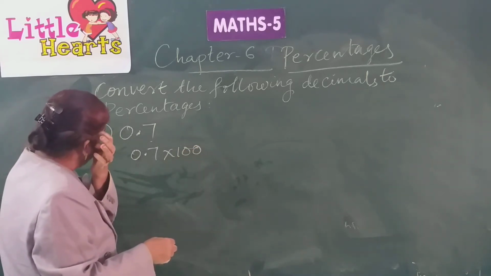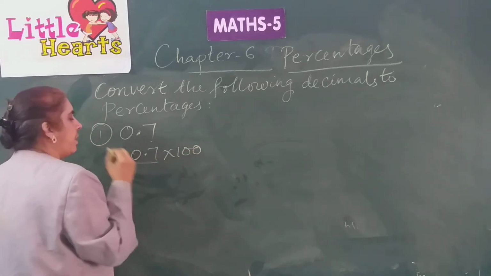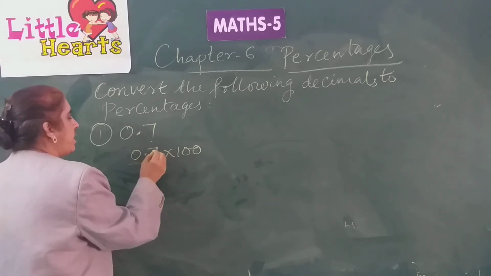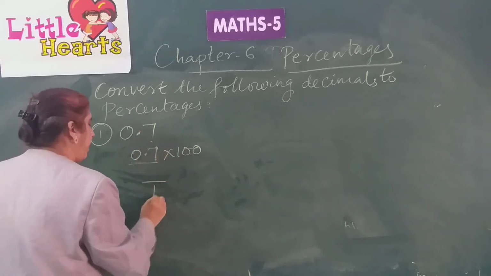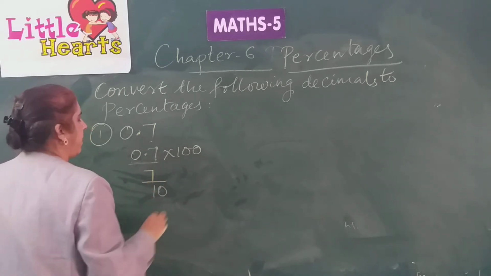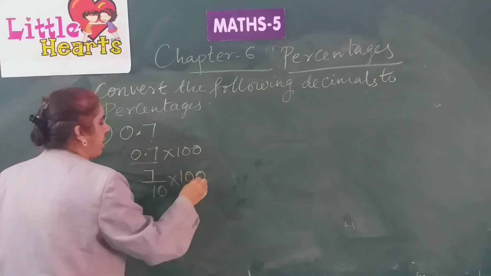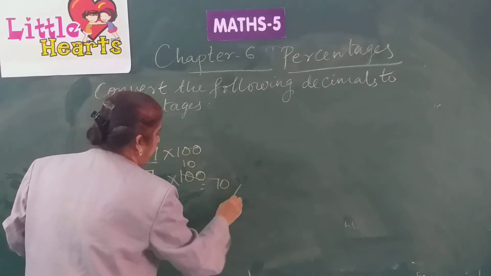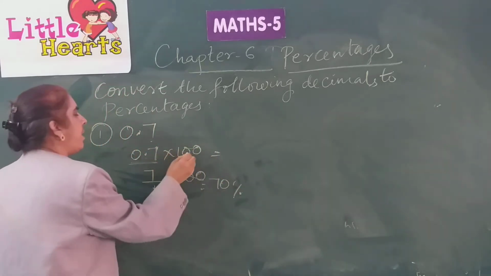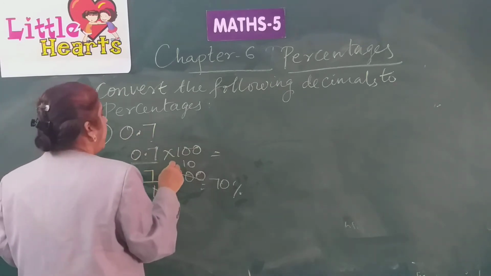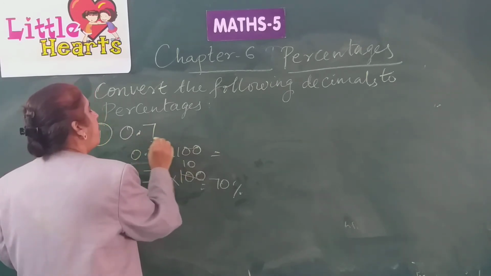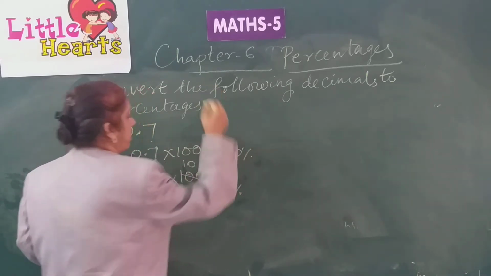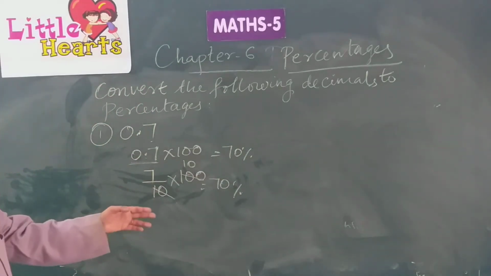And here, see, this can be turned into a fraction. 0.7, after the decimal there is one digit, the denominator should be 10, so 7 by 10. 7 by 10 into 100. 10 1s are 10, 10 10s are 100. 70%. Or when you multiply a decimal by 100, the decimal should shift 2 places forward. So 70%. In this way, any way you can write.